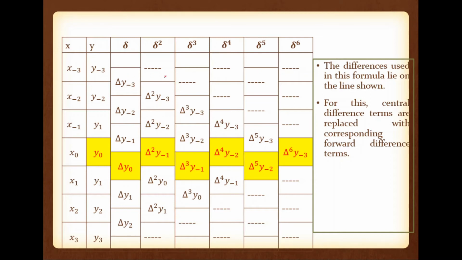Okay. So now, please note this table. We need this table, especially this central part that we need. So please note it. Now we are going to write the interpolation formula.